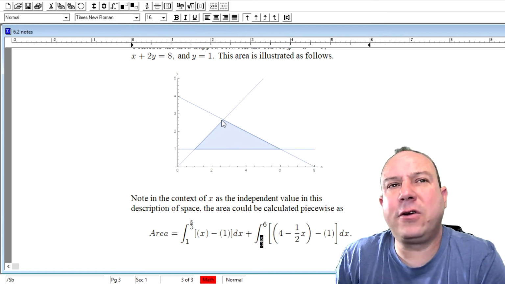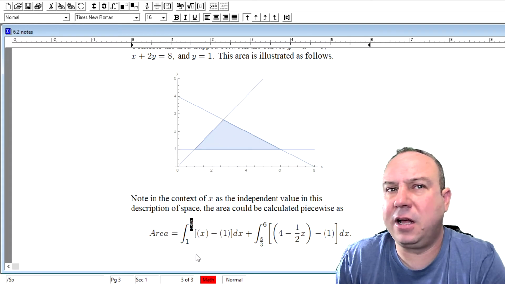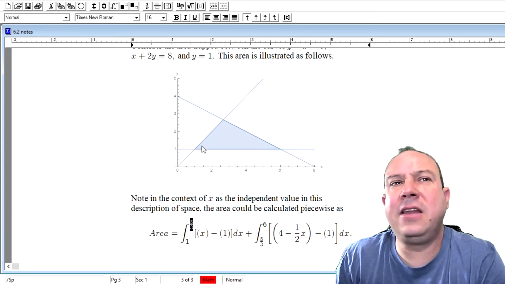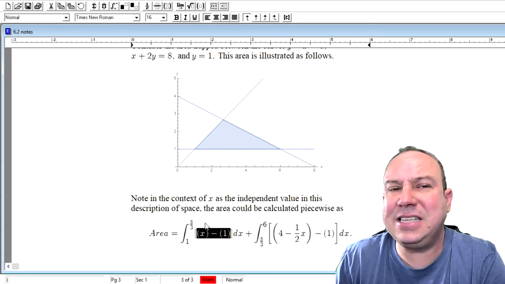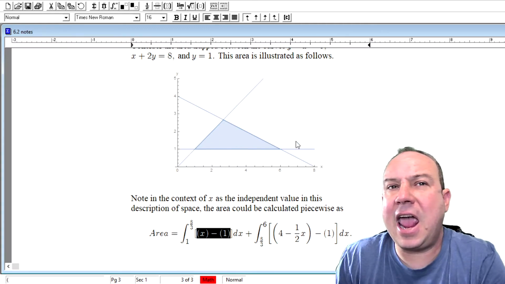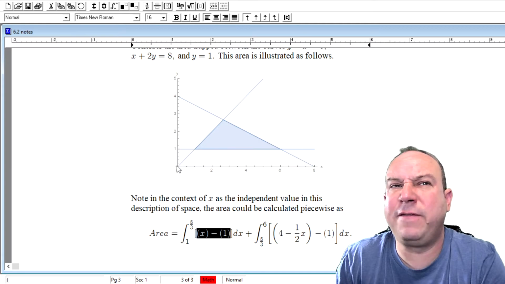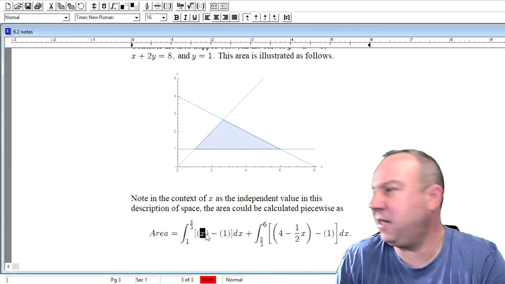Right? And my first integration, this first region forms from 1 down to that location at 8/3 along the x-axis. And that vertical distance between the two graphs from 1 to 8/3 is the distance between the function x and that constant function 1. The function x describes the upper bound on that length.